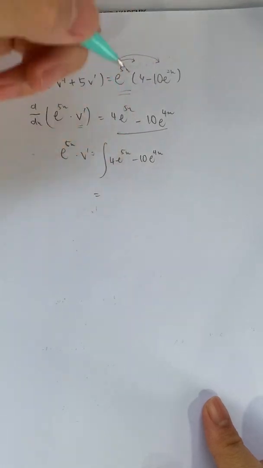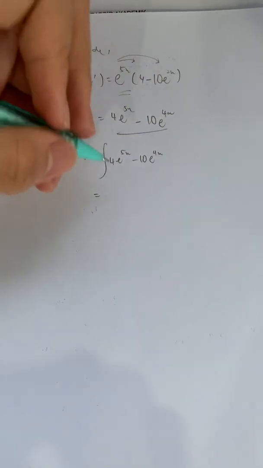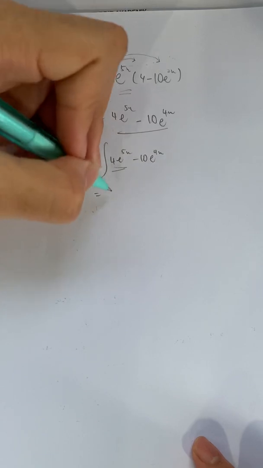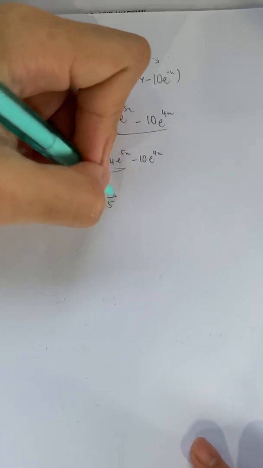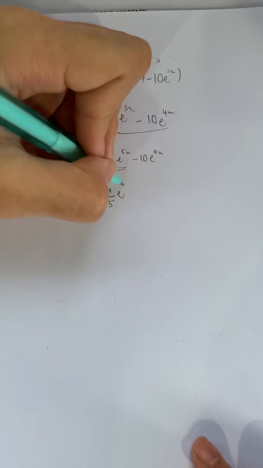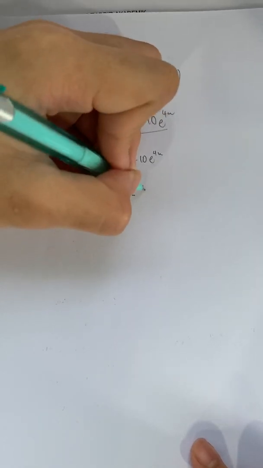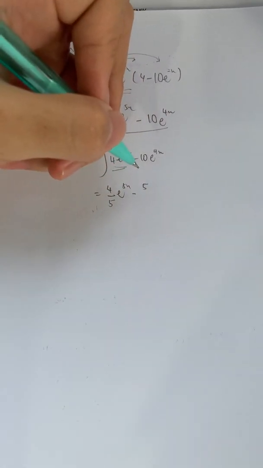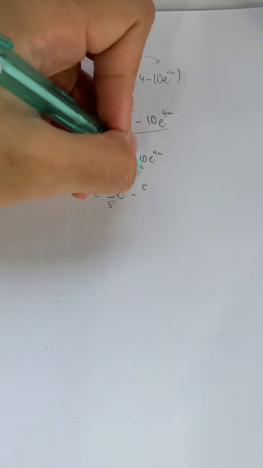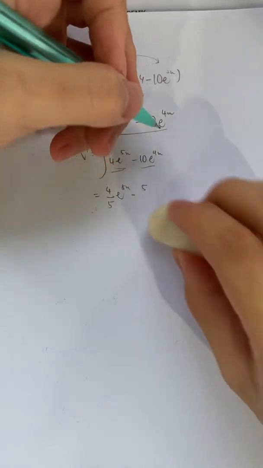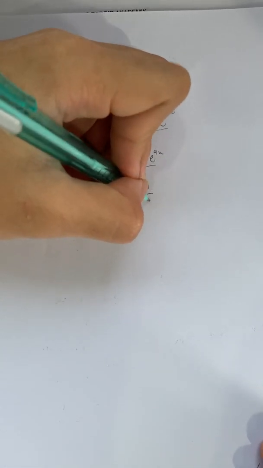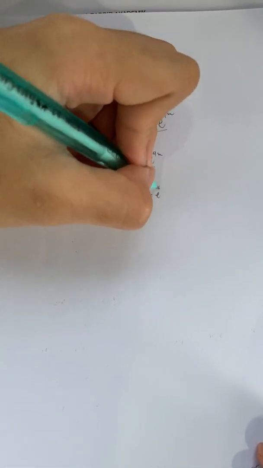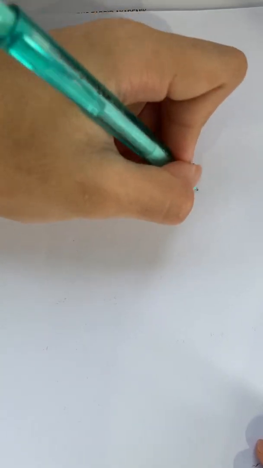So we integrate this, we get 4 over 5 exponential 5x minus 10 over 4 exponential 4x plus constant.